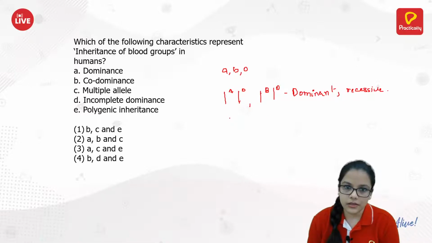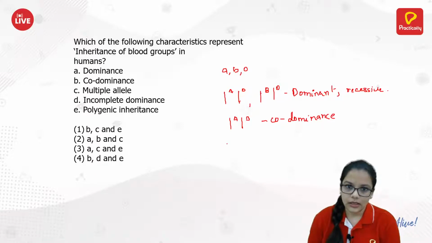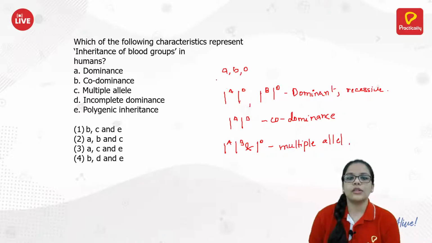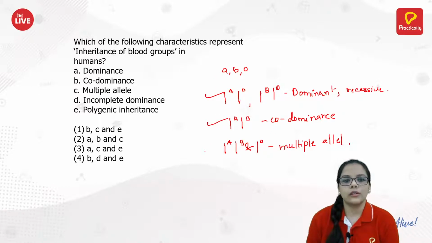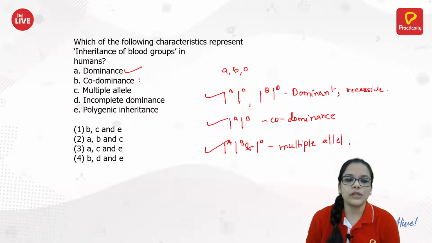Again, if it's allele A, allele B, then it is codominance. Now again, if there is allele O as well, it becomes multiple allele. So these three are the chances how the blood grouping is found: dominance, codominance, and multiple allele. So A, B, and C.